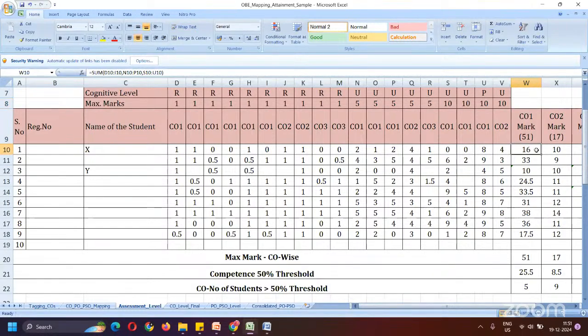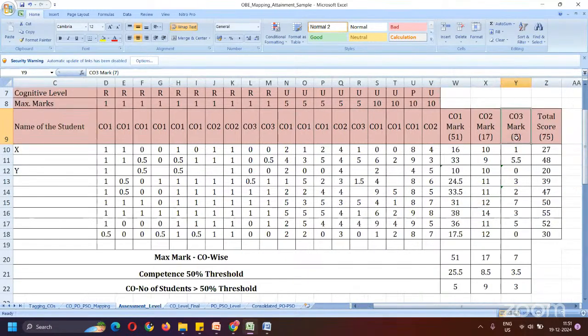I have asked 51 marks contributing to CO1, because most of my questions are from CO1. So totally I have asked 51 marks for CO1, 17 marks for CO2, and only 7 marks for CO3 in this CAT 2.